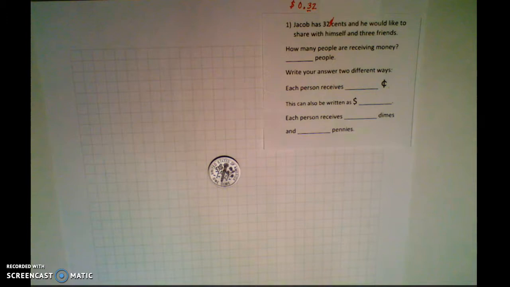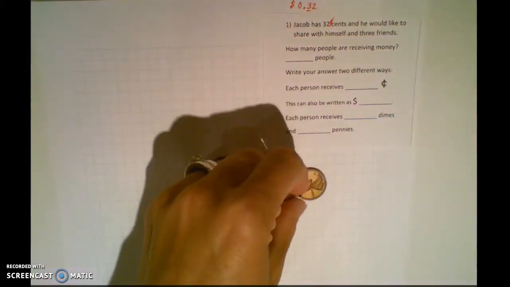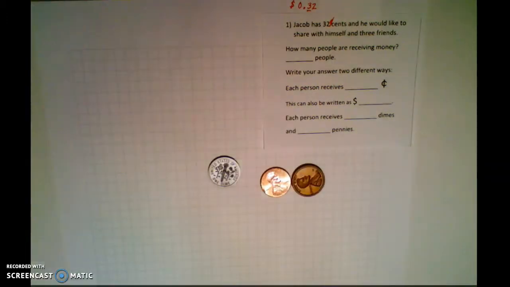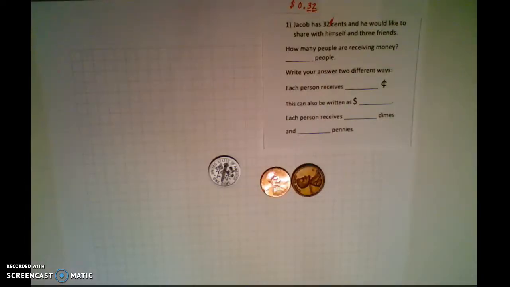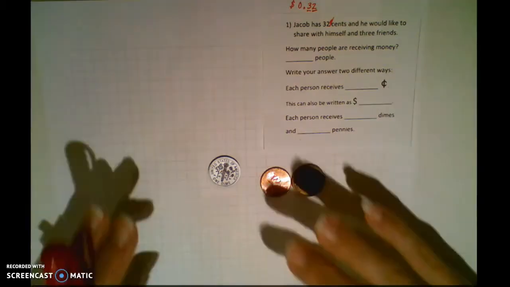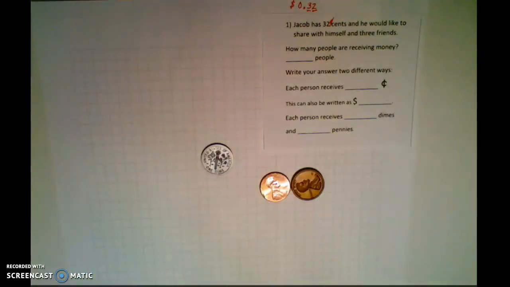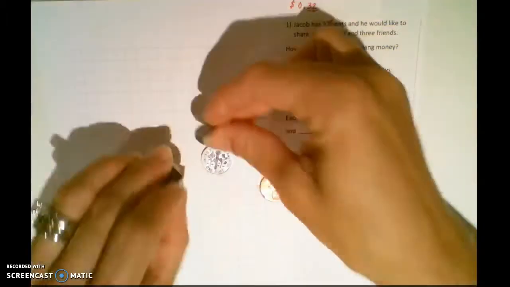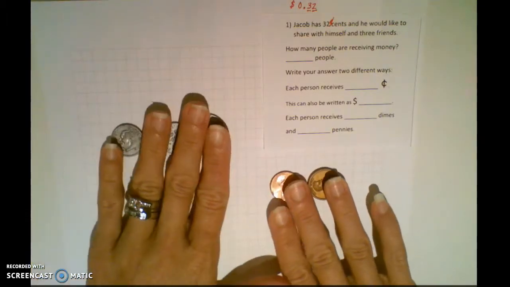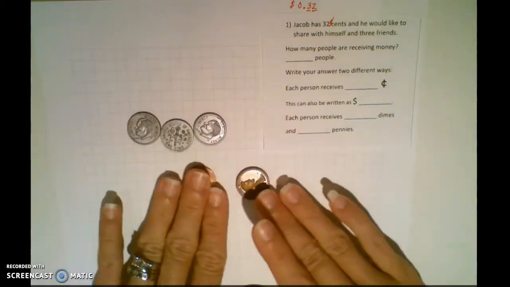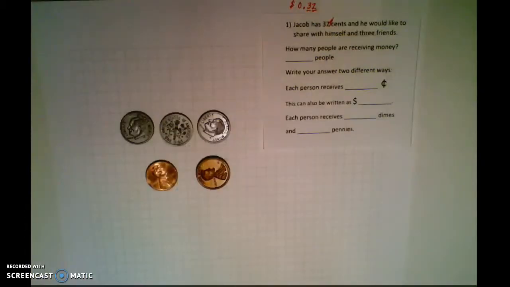Pennies are representative of 1/100th of a dollar, and so the pennies will be represented in the hundredths place when we're writing our money as a decimal. So let's look at the amount of money Jacob has: 32 cents, and he wants to share it with 3 friends.